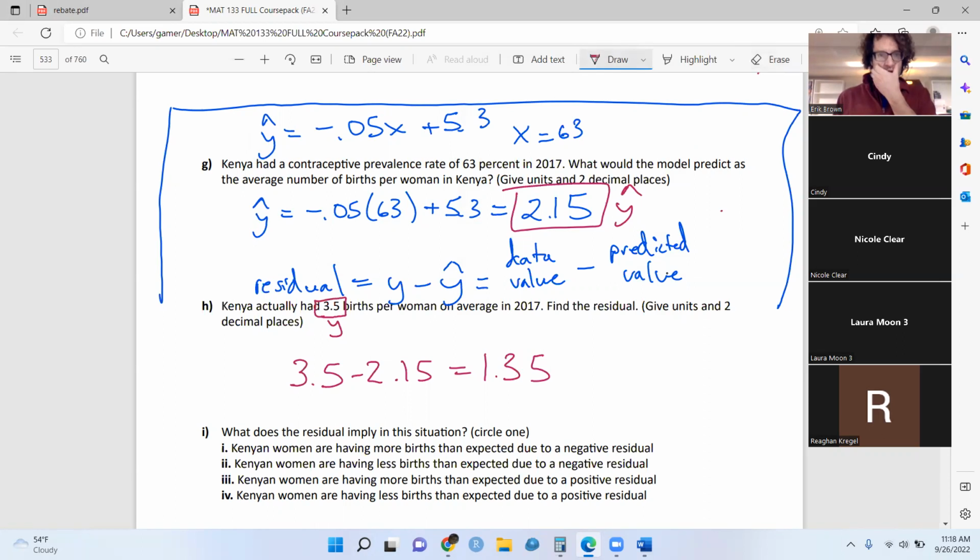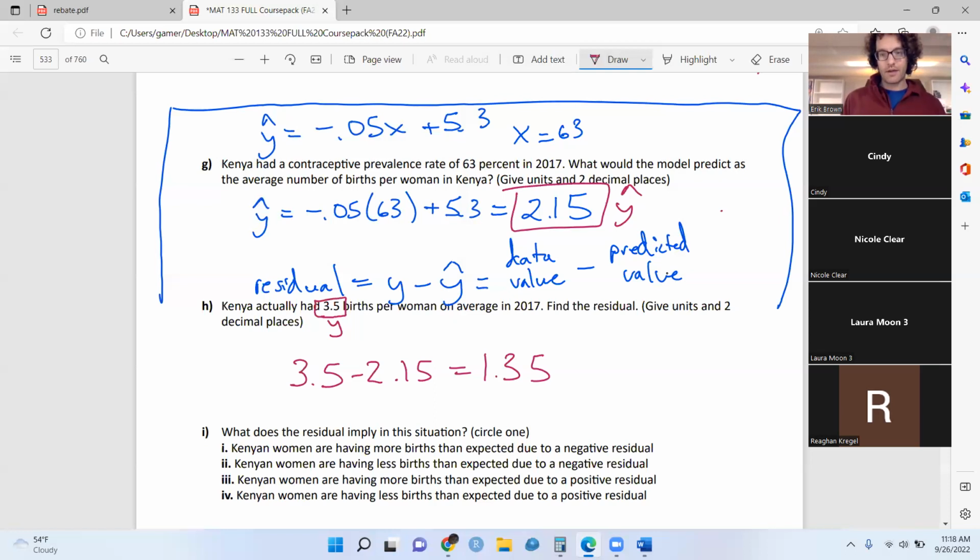So this here was the prediction in G. We hand you an explanatory variable value, and then you use the model to predict a response variable value, the y hat. And then we say, surprise, it was actually 3.5. Calculate.